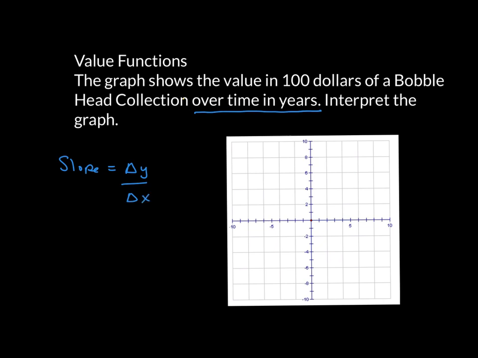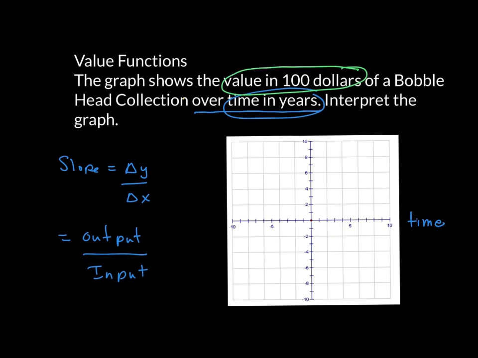Sometimes instead of over, we will use the word per, but whenever you have this, the slope is always the output of something over the input. And in this case, the input is time in years. So the x is going to be time, and the y value is in terms of dollars.